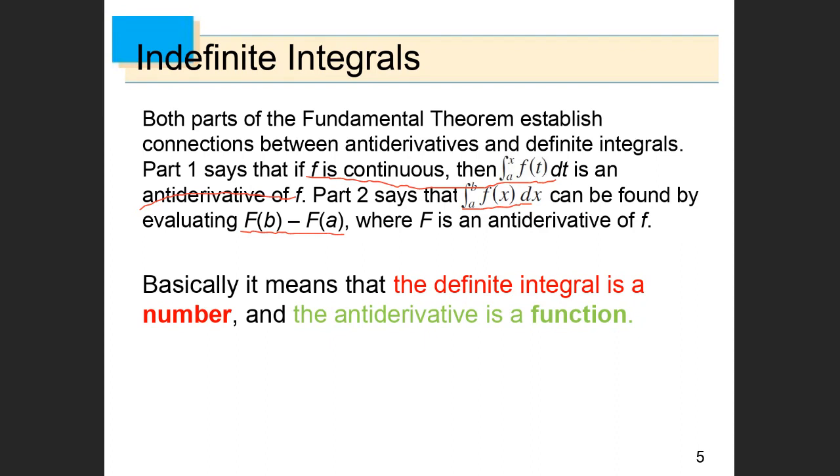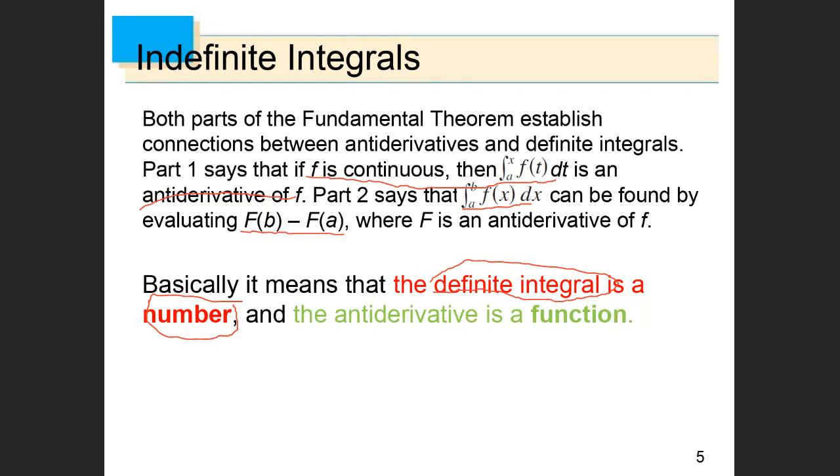All right. Now, what does this whole thing mean? It basically means that the definite integral is a number. Very important. Definite integral is a number. What does that mean? It means that if I give you an integral which is bounded, when I use the word bounded, it means you have the lower limit being some number, the upper limit being some number, some constant value.